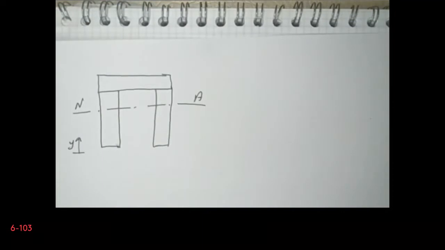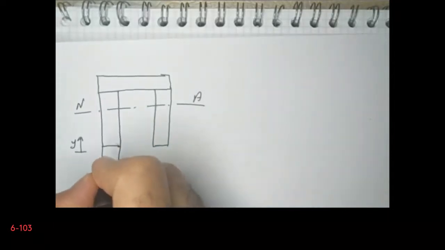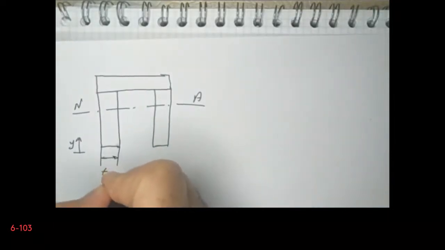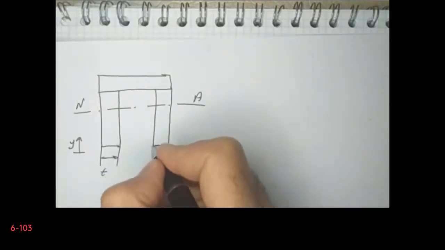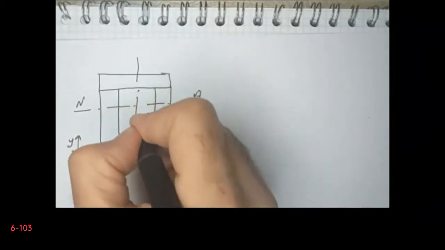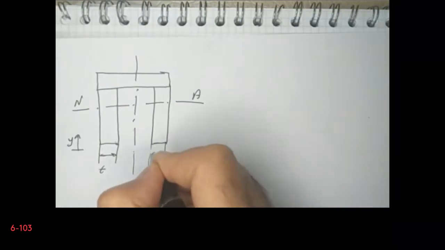Now let's define the dimensions by means of some variables. So let's say that this is t. In fact, the cross section is symmetric with respect to the vertical axis, so this is t as well.